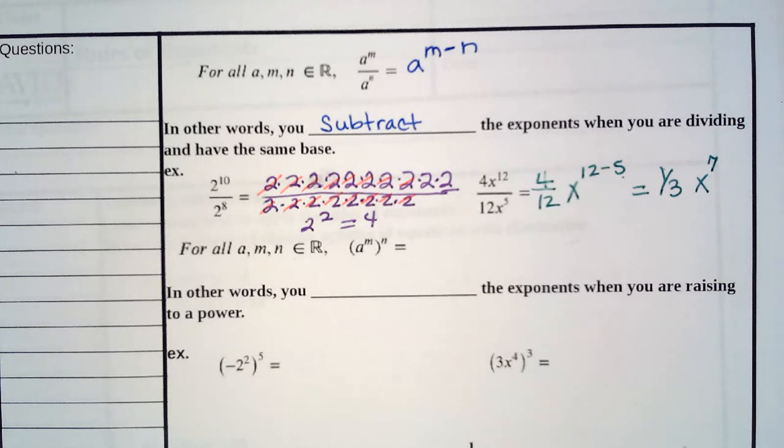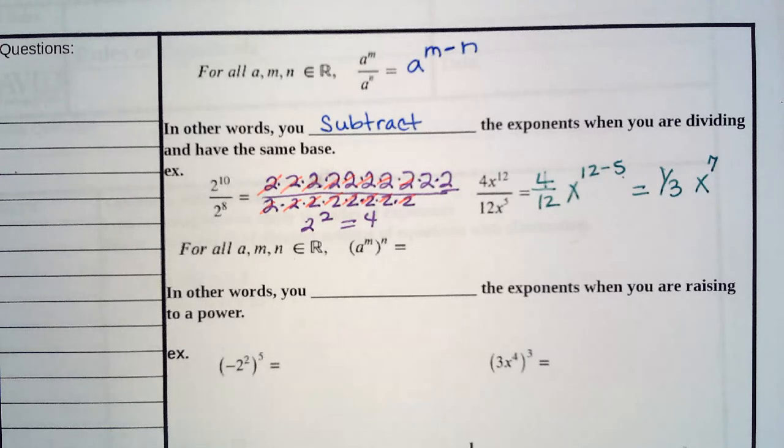Okay, now we're going to look at raising a base to a power. We've added, we've subtracted. What comes next? Multiplying is correct.